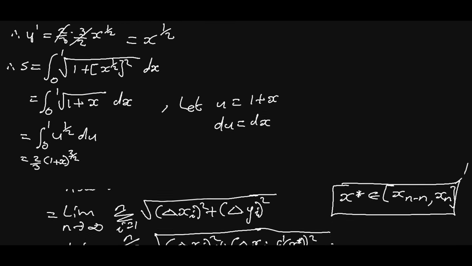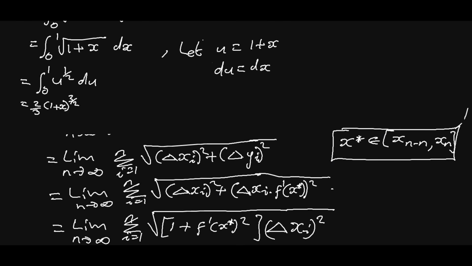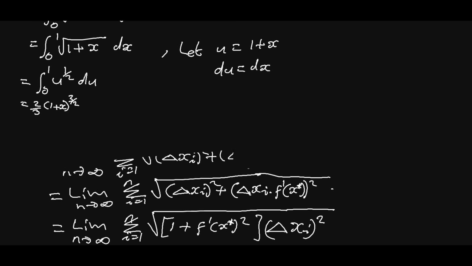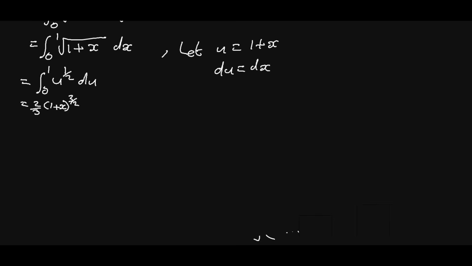Okay, so the limits will be 0 to 1. 2 over 3 will be common as we apply the limits. So at x equal to 1 we have 1 plus 1, which is 2 raised to 3 over 2, minus the value at x equal to 0, where we are left with 1.